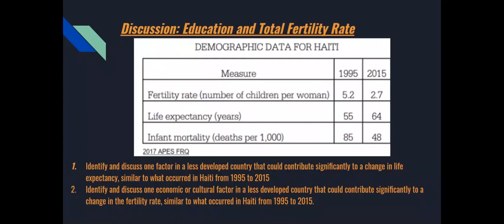And finally, 2, identify and discuss one economic or cultural factor in a less developed country that could contribute significantly to a change in the fertility rate, similar to what occurred in Haiti from 1995 to 2015. In 1995, the fertility rate was 5.2, and in 2015, the fertility rate was at a 2.7.